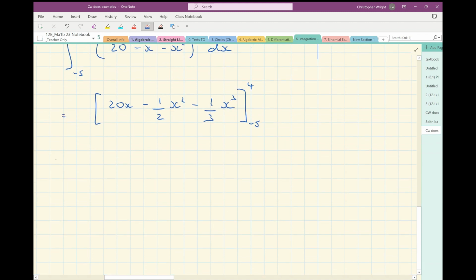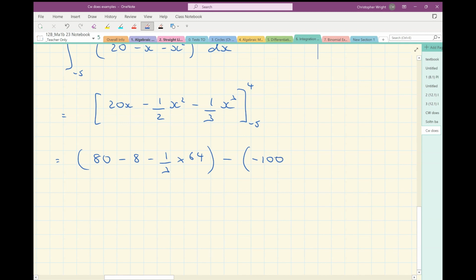Right, so that is good. Now I'm going to substitute 4 in. 20 times 4 is 80, minus a half of 4 squared, half of 16 is 8, minus a third of 4 cubed, which is 64. And from that, I'm going to subtract the value of the expression when x equals minus 5. 20 times minus 5 is minus 100.